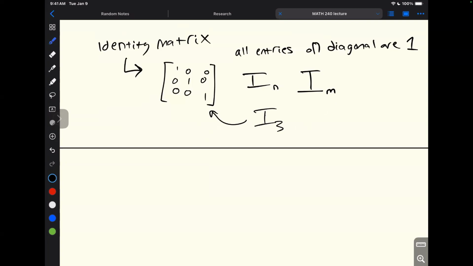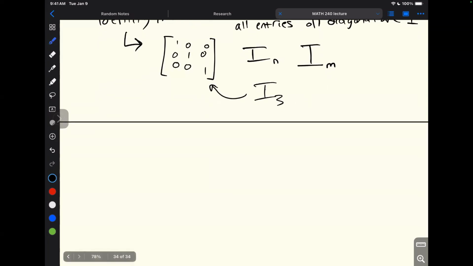But the reason why we say n and m is because we can have something like, let's say we have A, and so the example in the book, A is 3 by 2. And so we can multiply this by an identity matrix of size 2.